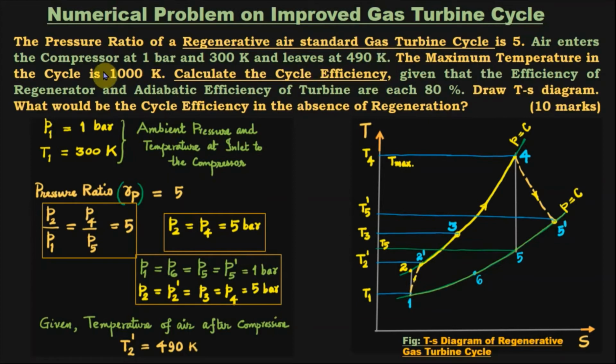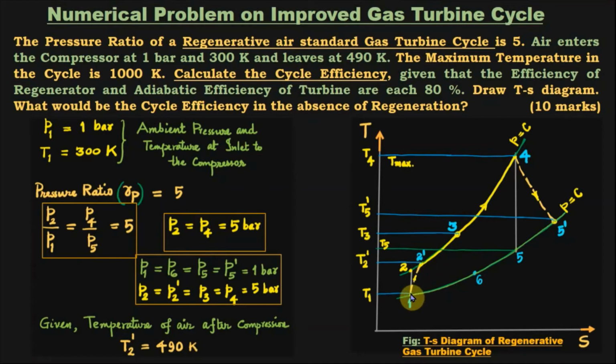The maximum temperature in the cycle is 1000 Kelvin. Obviously from this diagram the maximum temperature is at state point 4. So T4 is the temperature of the products of combustion while coming out of the combustion chamber and entering into the turbine. Here we know the three temperatures at different state points.